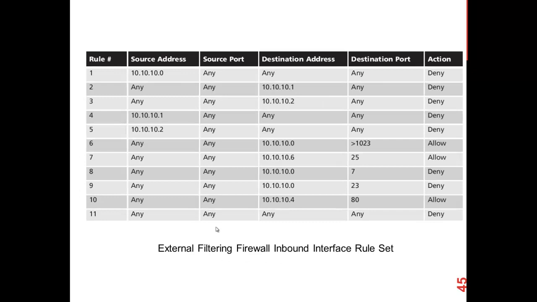Here's a firewall inbound interface rule set that I want to just brush through real quick, and you're looking for some key rules here. First off, rule number 1 says that 10.10.10.0 from any source, any destination, any port going anywhere is denied.